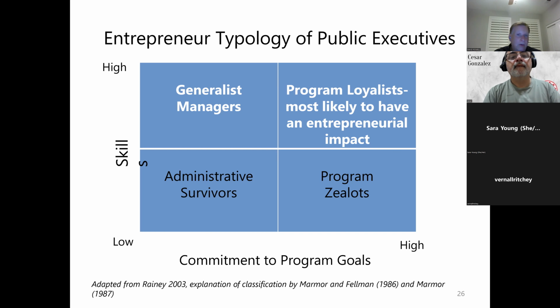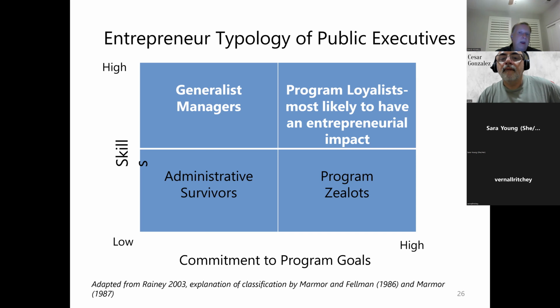If they do have the skills, but they are not terribly committed to the program or the organization's goals, they usually fall into the generalist category. So they're getting the job done, but they're not really transforming the organization. They're not really moving the organization forward. They're just kind of checking off the boxes on a daily basis.